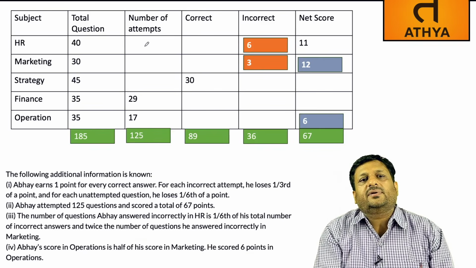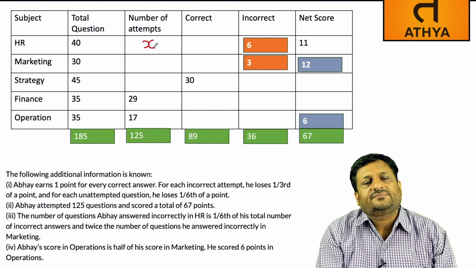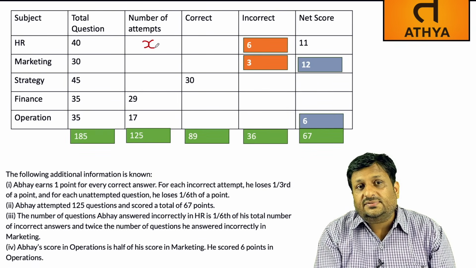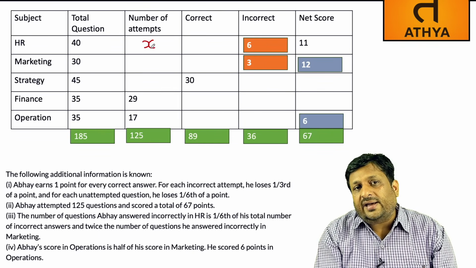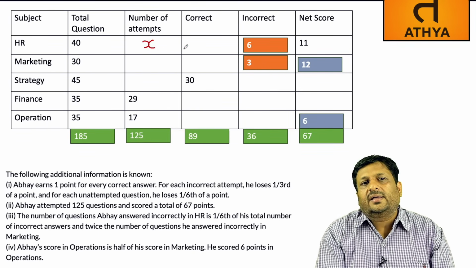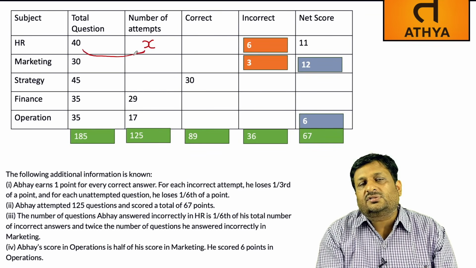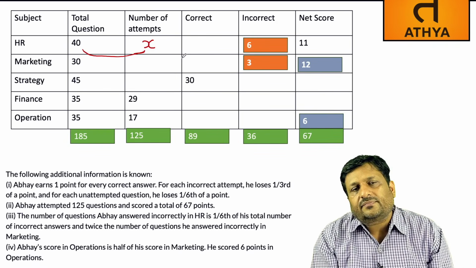So number of attempts in HR now. So let me assume this again as X. So if X are attempts, then 40 minus X should be questions he must have left over.